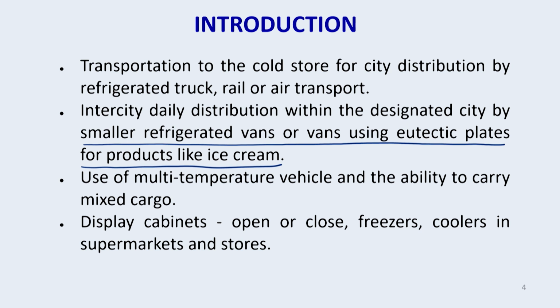For example, if you want to transport ice cream or butter within the city from one place to another, small size vehicles are used. Use of multi-temperature vehicles and the ability to carry mixed cargo. A multi-temperature vehicle is used for multiple commodities whose storage temperatures are different.